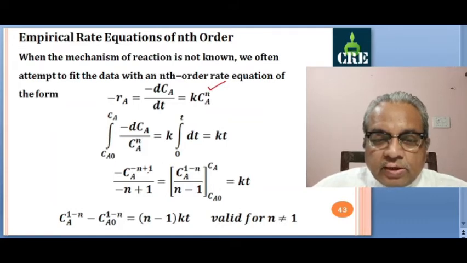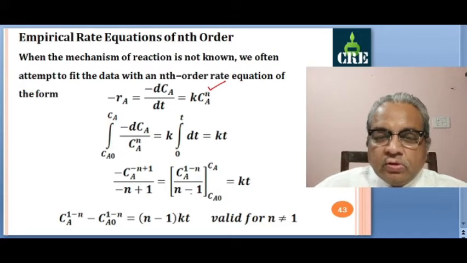This minus n plus 1 we can write as 1 minus n, and with this minus sign I can make this plus and this will become minus. So in the denominator we have n minus 1. This n minus 1 you can transfer to the right hand side, so on the right hand side you get n minus 1 into kt.